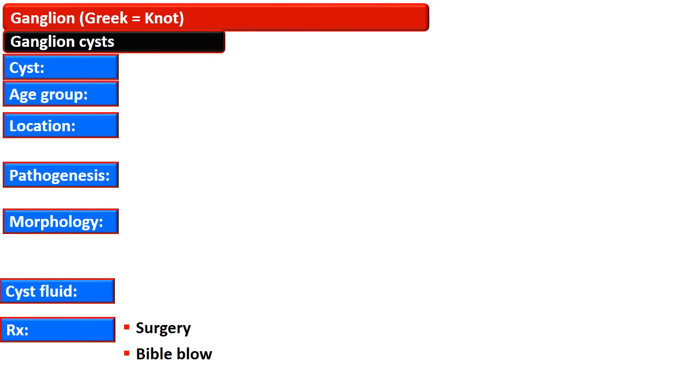The treatment for this ganglion cyst is surgery, and there is another traditional treatment in which a blow with a family Bible was made to treat the ganglion cyst on the dorsum of the wrist.